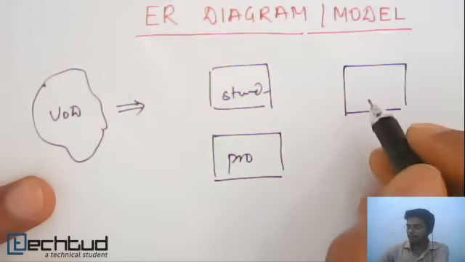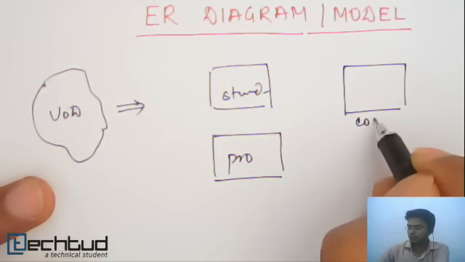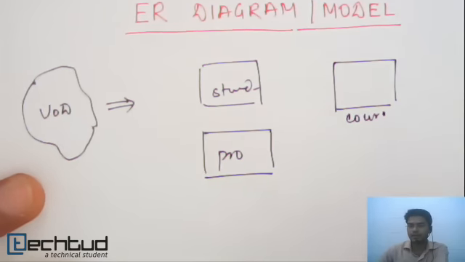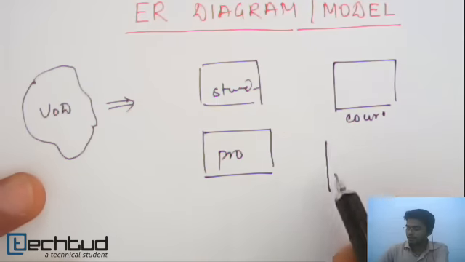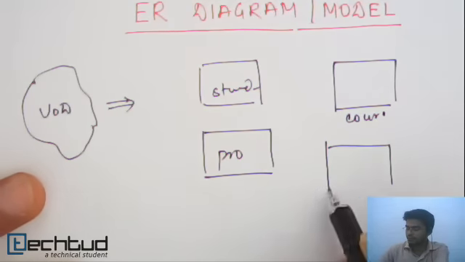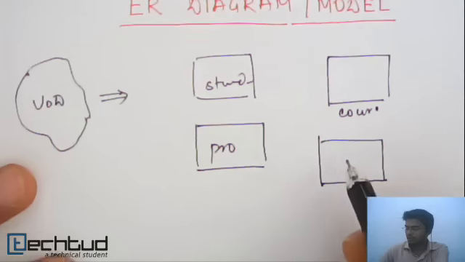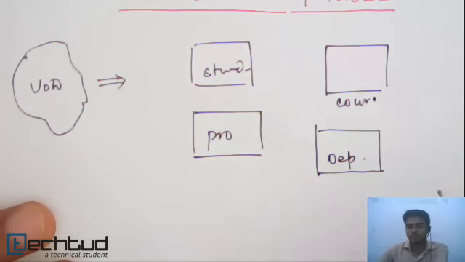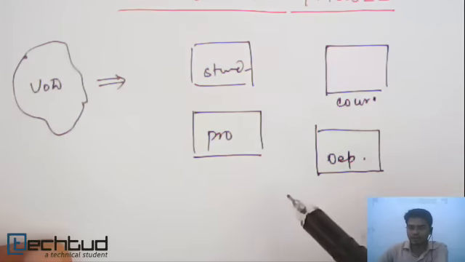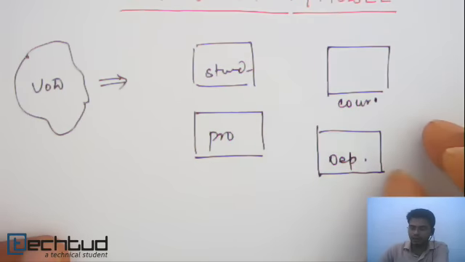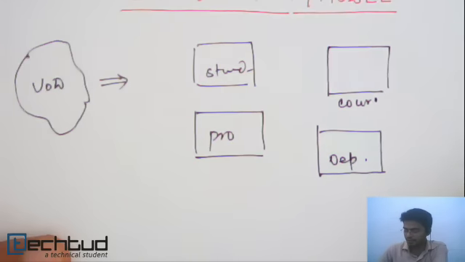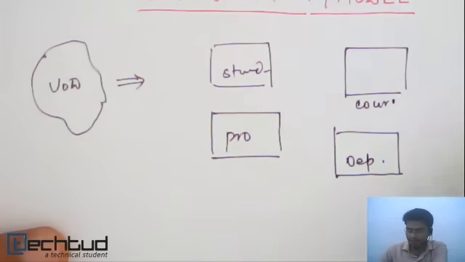Similarly you will have courses and another one, the department itself. This is basically called an entity, and how we find it, we will understand in later chapters of this series.